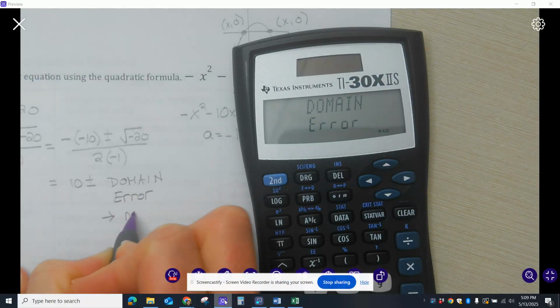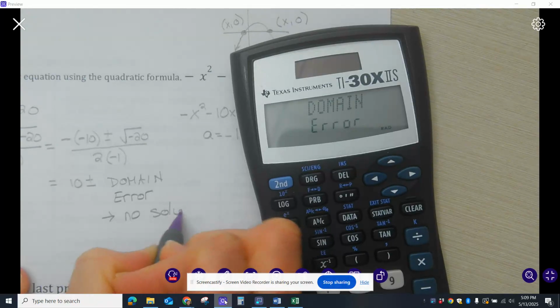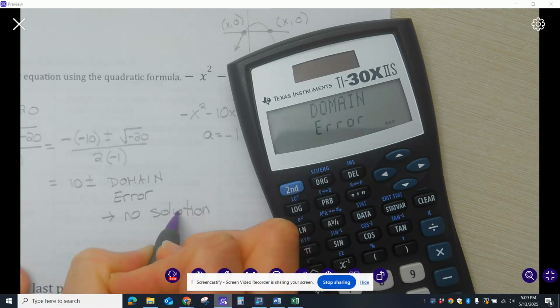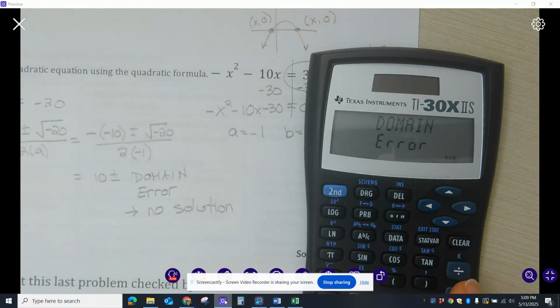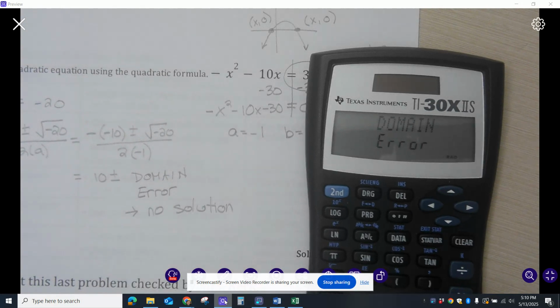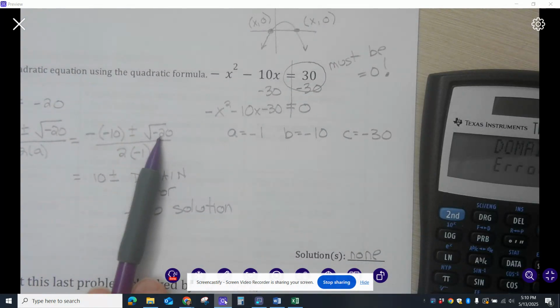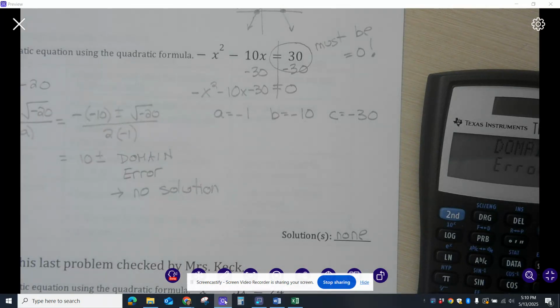That means no solution. You cannot do the square root, power of 2, on a negative number. So when you get that domain error, you have a negative discriminant, which means no solution.